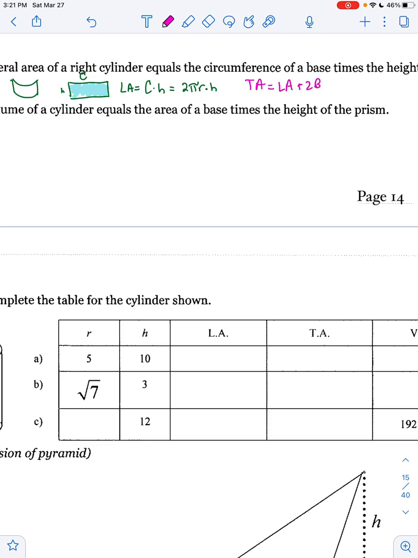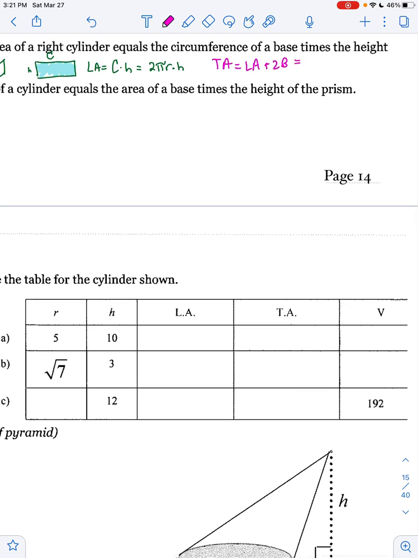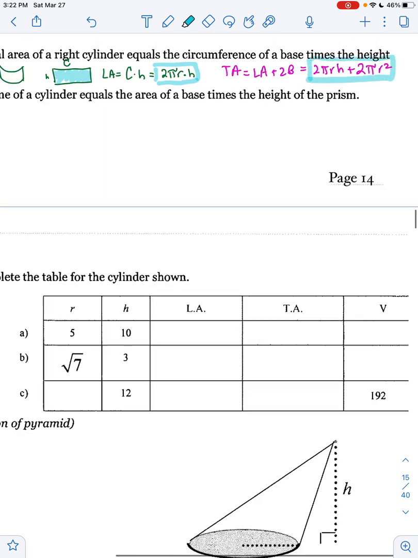If we want to keep it nice and simple like that, we can leave it like that, or replace specific values for lateral area, a formula for lateral area. In this case, lateral area being 2 pi r h for a cylinder. If I replace that, I have 2 pi r h plus 2 times the area of the base. And since those are circles, 2 pi r squared. And so I will highlight both formulas. This is what we commonly think of when we think of lateral area, and this is what we commonly think of when we think of total area of a cylinder.